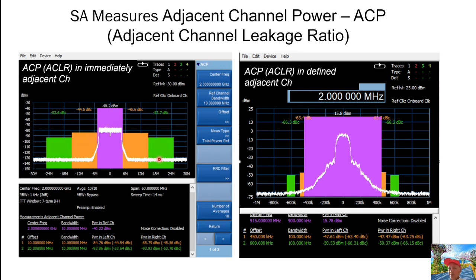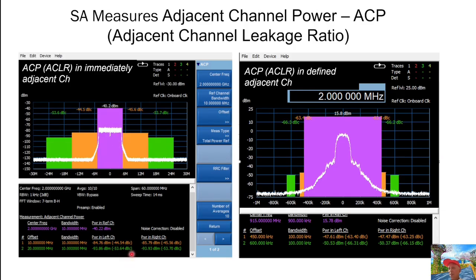This one, the right side, is minus 85.79 dBm, so it's minus 45.56 dBc compared to the carrier. And then similarly for this green color, the left side and the right side value, the dBc of course is even lower compared to the carrier.